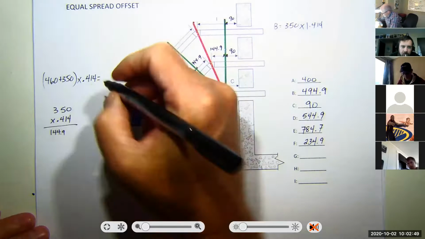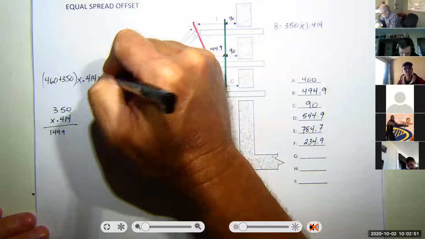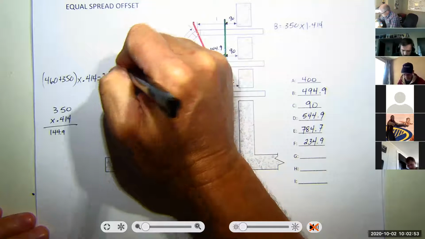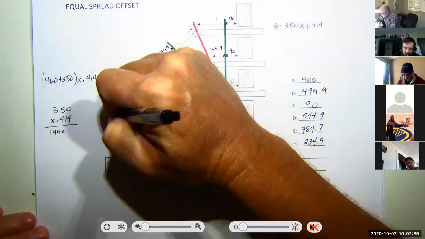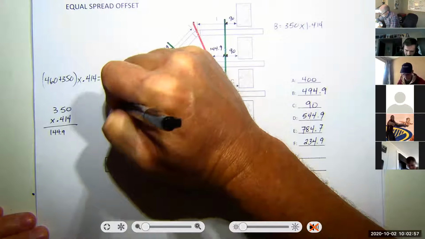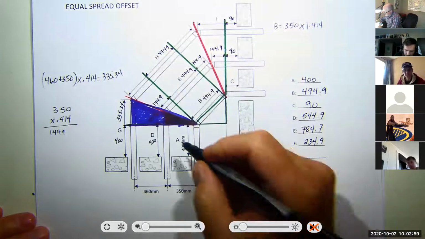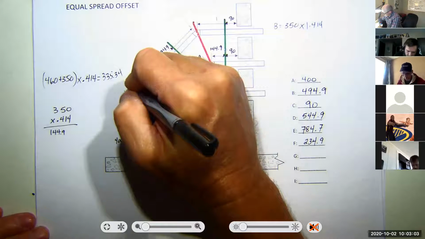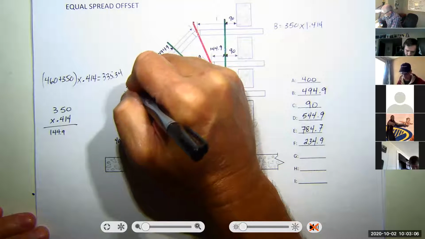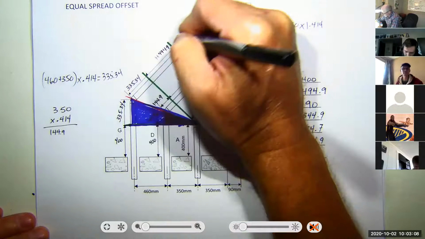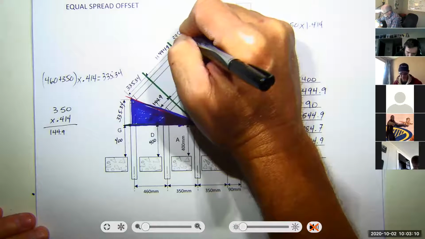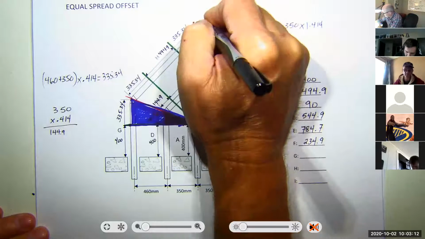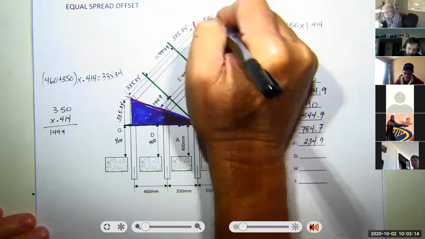So that's going to equal 335.34. So this is 335.34. And because it's equal spread, there's the other side of it. It's going to also be 335.34, 335.34, 335.34.